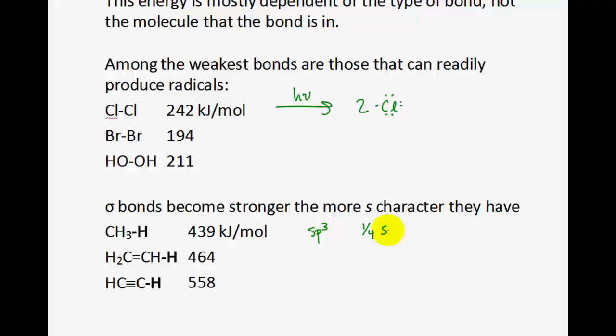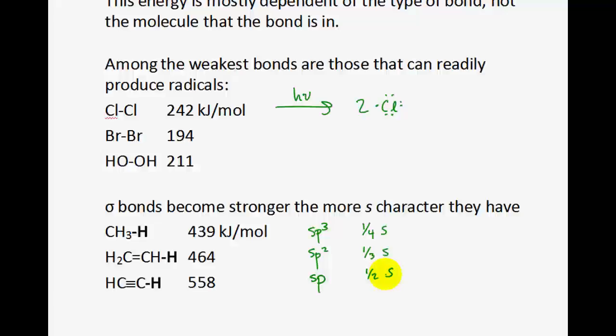In ethylene, the C-H bond is sp2 hybridized. That's 1/3 s. In acetylene, with the triple bond, it is sp hybridized. That's 1/2 s. The more s character these bonds have, the larger percent of them that came from s, that makes for a stronger bond.